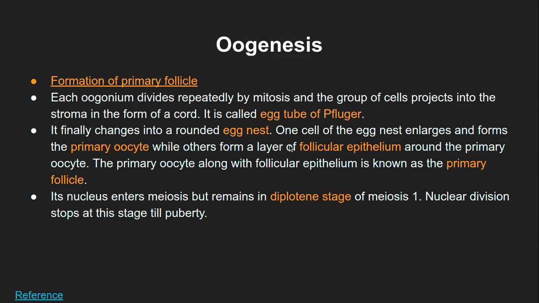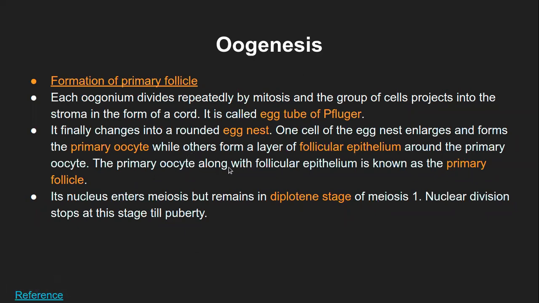I hope this part is clear. So the oogonia cells will divide mitotically. They will form an egg tube first, and then an egg nest, and then one of the cells will enlarge and form the primary oocyte, and around that primary oocyte, the rest of the egg nest cells will form the follicular epithelium.